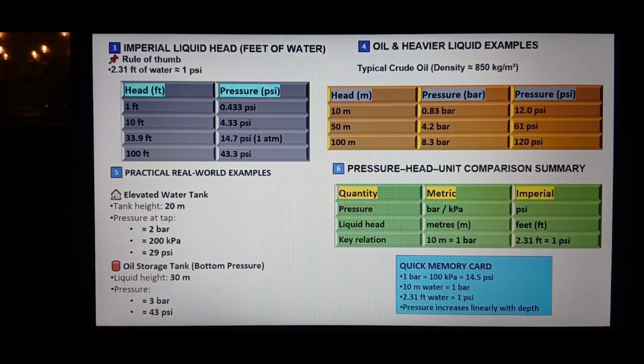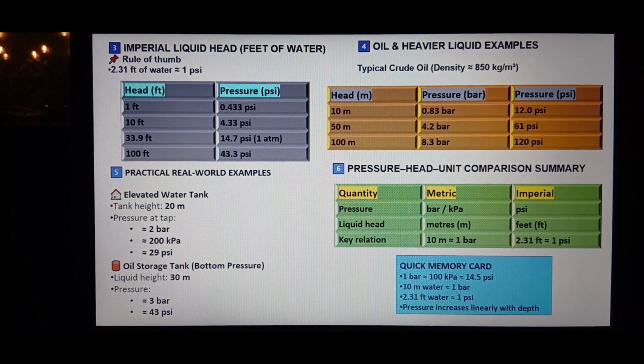If we go over to the oil and heavier liquid examples, typical crude oil has a density of 0.850. Remember, for water the SG would have been 1, but for oil it will be 0.850, or 850 kilograms per cubic meter.